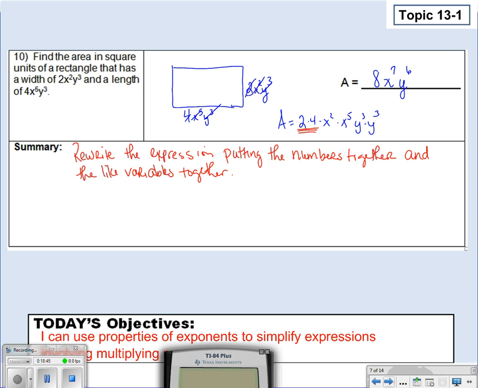Then we're going to use the properties of exponents to simplify the multiplication.